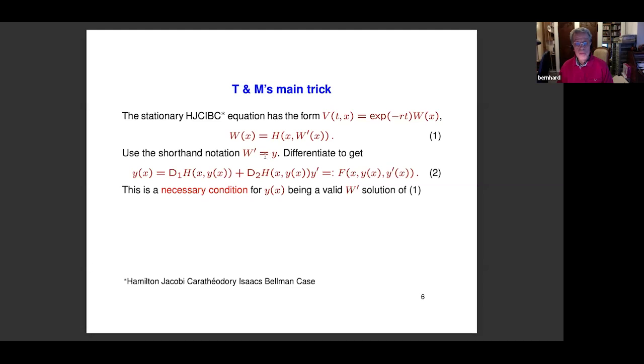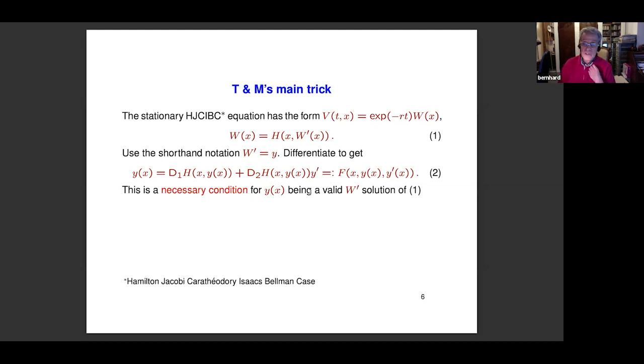You call y equal to w prime, just as a shorthand notation. And differentiating, you get this equation where y of x, w prime, is obtained by differentiating H. And I call this novel equation f of x, y, and y prime equals 0, by the way. I'm sorry, equals 0 is missing here.